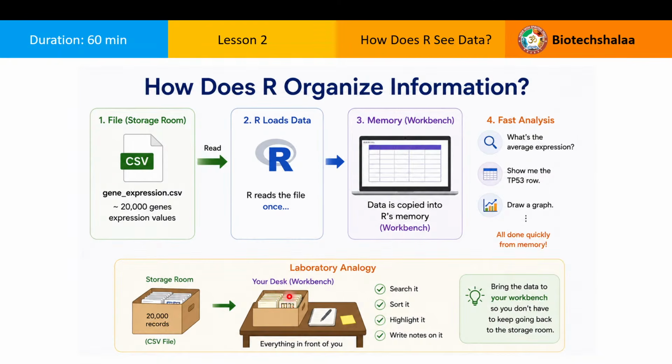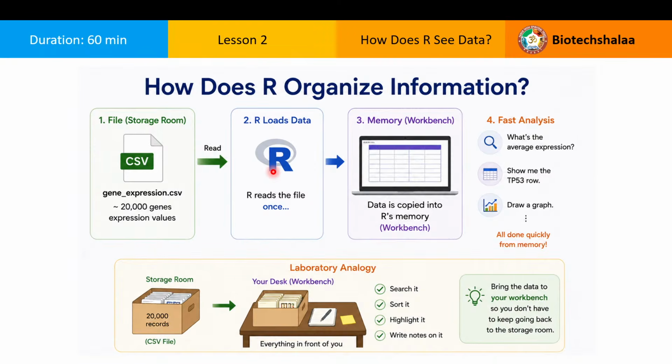Is this point clear that if you put anything on this box, the label will not change what is inside the box? If this box contains gene expression data and you put the label that it is student marks, that label will not change the data inside this box. We are right with this point, right? The label that you put on this will just simply tell you where to find it.